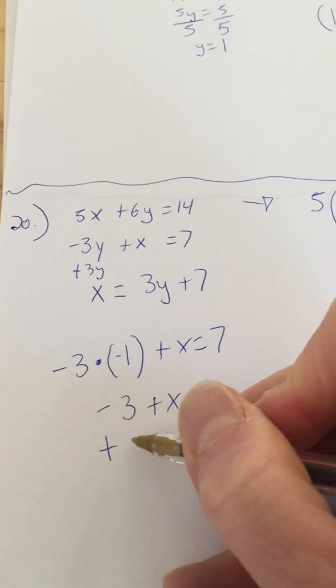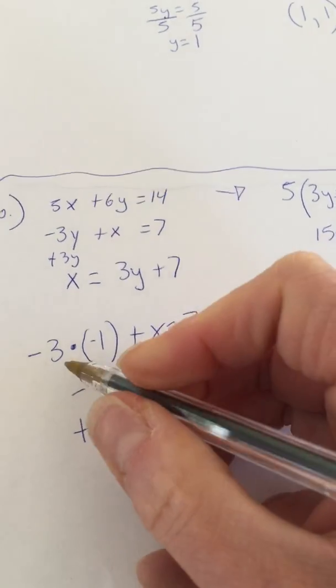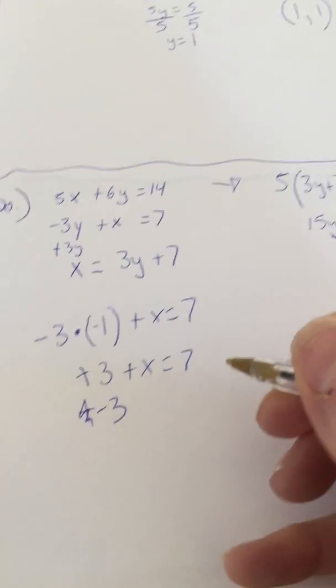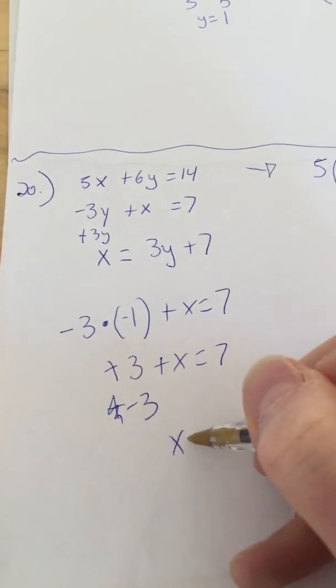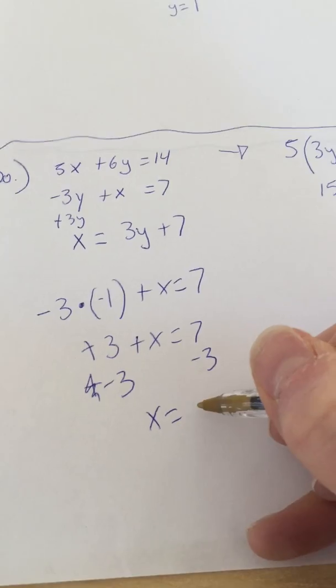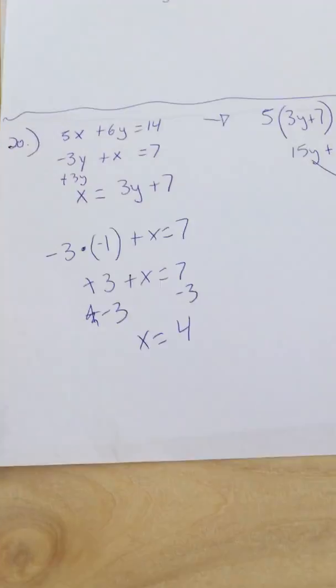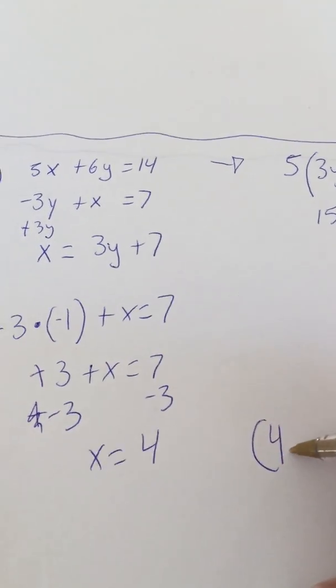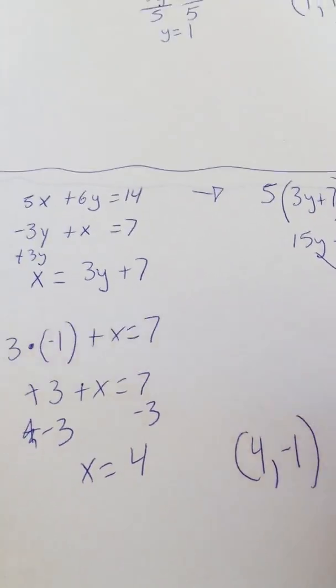Wait, a negative times a negative is a positive. So now I'm going to subtract this. Then you'll have the x alone, and I'm going to subtract 3 over here, and then it'll be a positive 4. So the solution to this one is 4, negative 1.